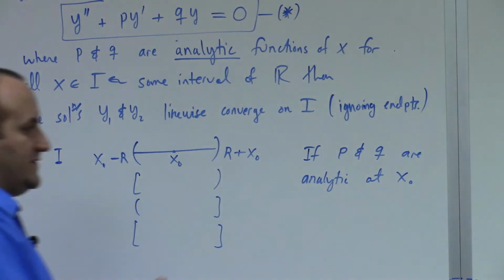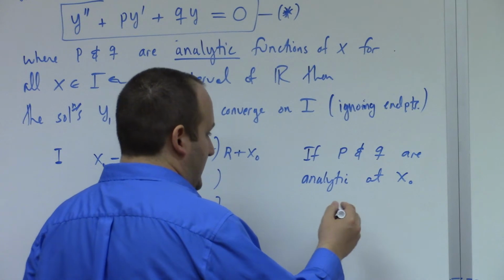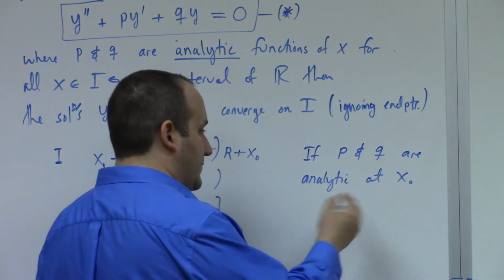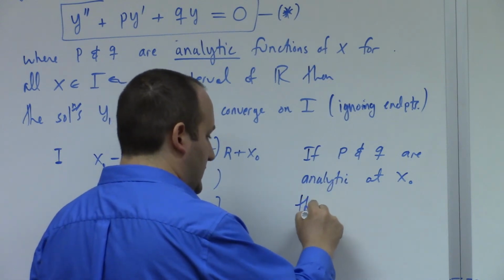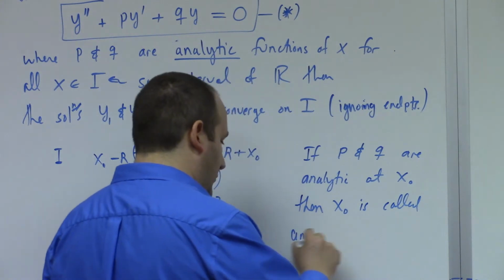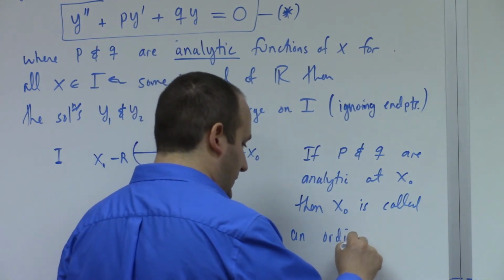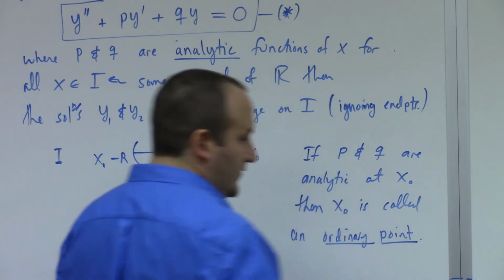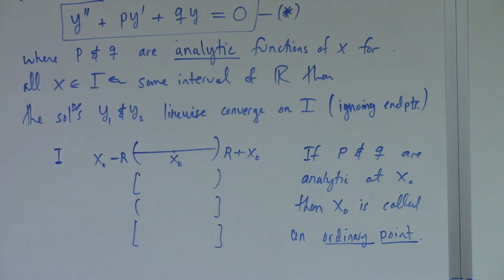Then the solution exists, at least on that interval, and the solution is also analytic. That point is called an ordinary point. So how to solve differential equations at ordinary points? Very simple. Just plug in the power series, work out the recurrence relations. It's a pain, but you can do it.